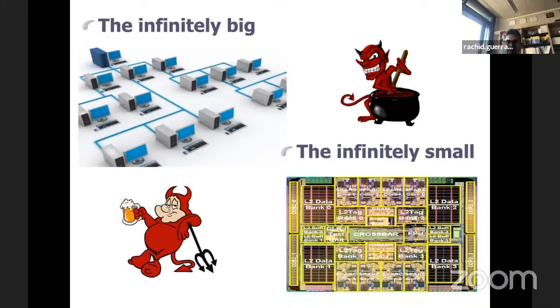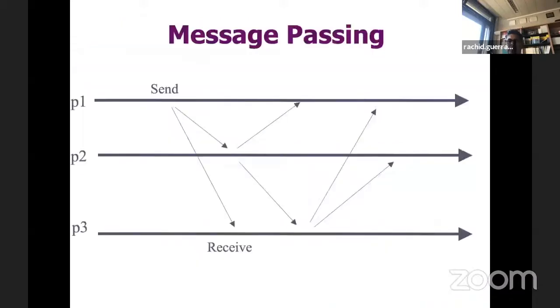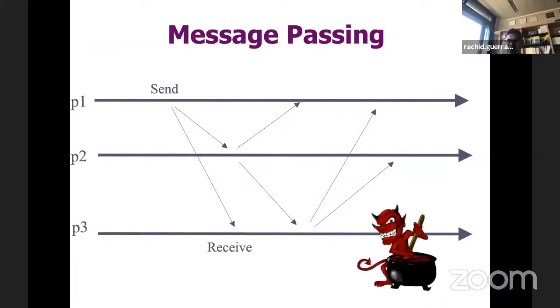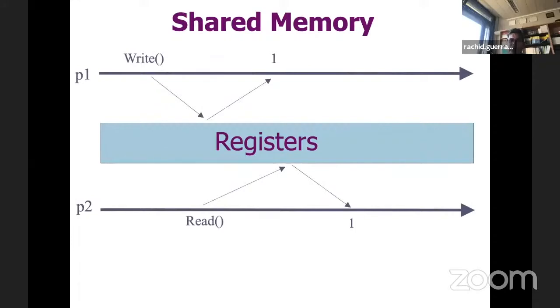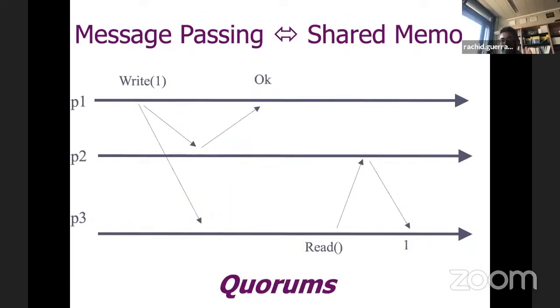And at the other extreme, there is this infinitely small with not a very bad adversary, although it can slow down processes. It turns out that this message passing model, where processes exchange messages with a very bad adversary, and the shared memory model, where processes read and write in the shared memory, which we typically call registers, these two models are equivalent.